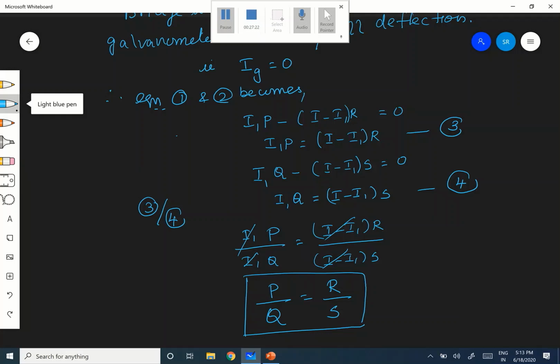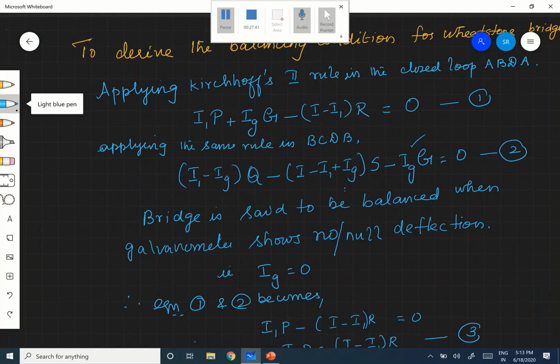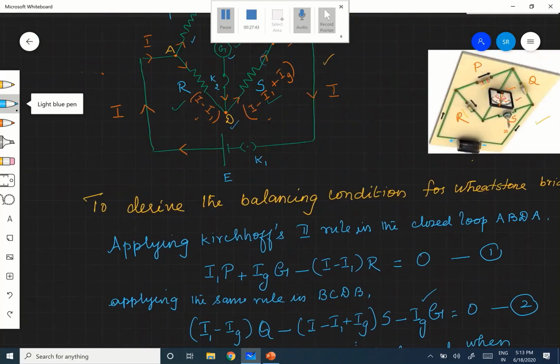The importance of the Wheatstone bridge is that we are using the null method. What do you mean by the null method? We are going for null deflection in the galvanometer. That is why I told you how to go for null deflection here.